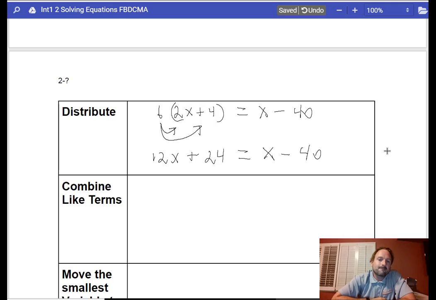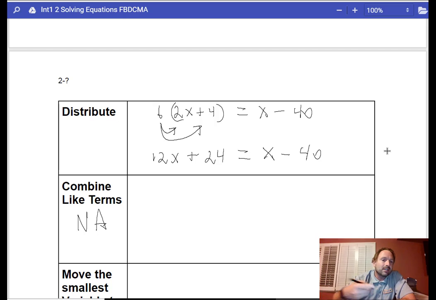Combine like terms. Now this only works if you have like x's with x's on the same side. Looking at this, I have 12x plus 24 is equal to x minus 40. There's no x's on the same side, and there's no numbers on the same side. So we're going to leave it, so non-applicable.